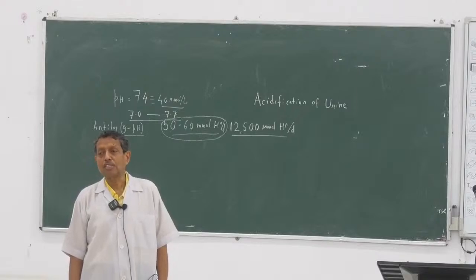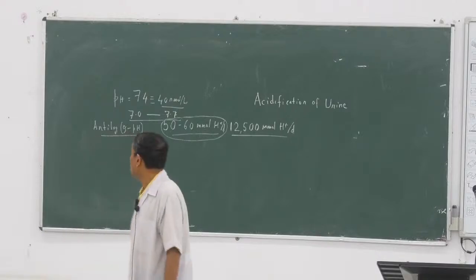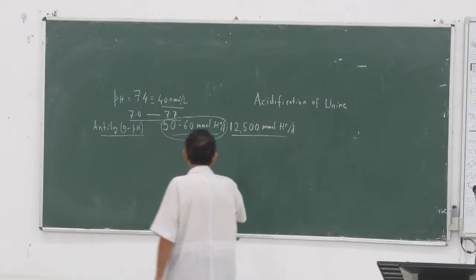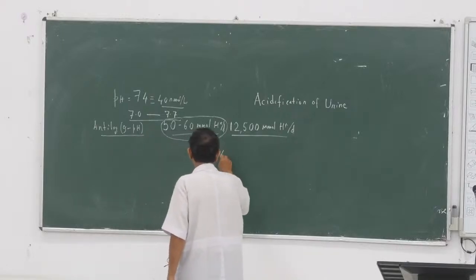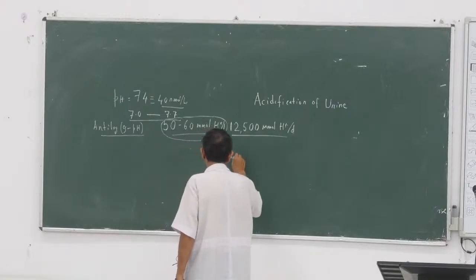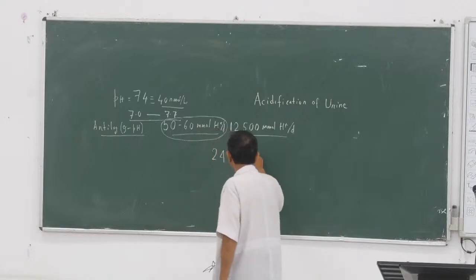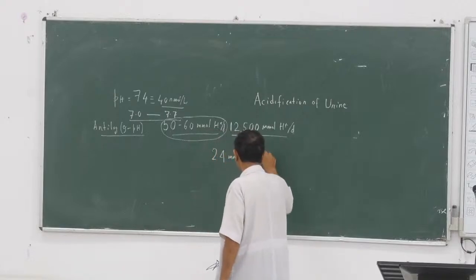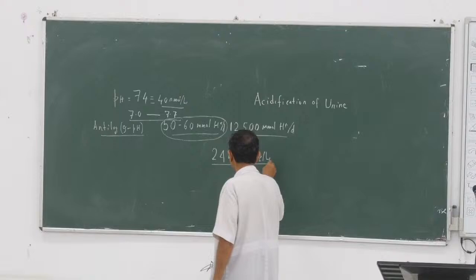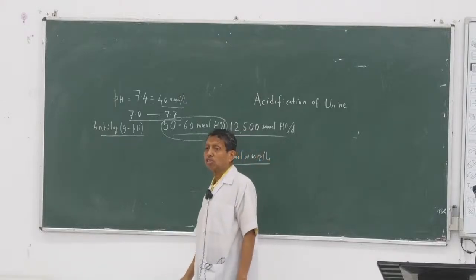Bicarbonate concentration in the plasma is 24 milliequivalent per liter.